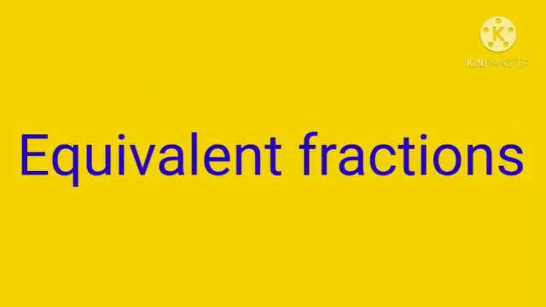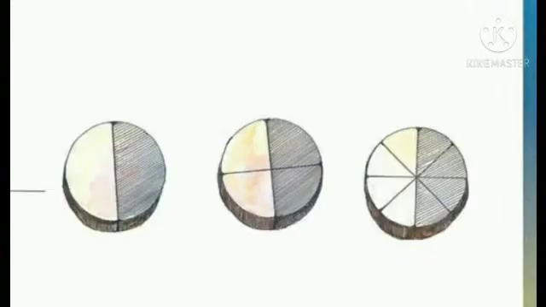Children, let us see the next topic, equivalent fractions. Look at the picture, children. Here, the shaded parts of all the figures are equal in size. We can notice that in each figure, half of the figure is shaded.